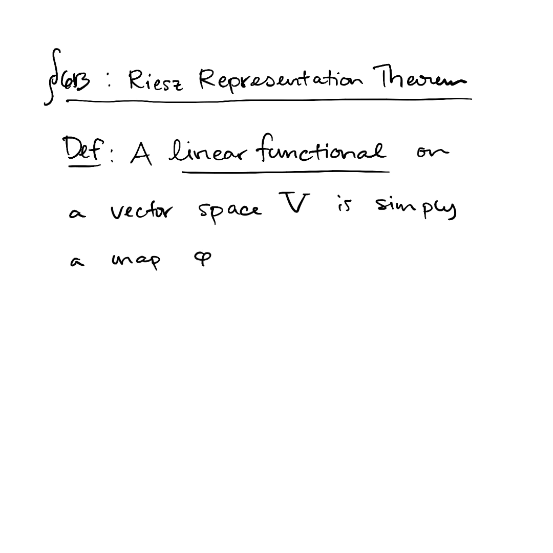Phi is the traditional letter, belonging to the space of linear mappings from V into the scalars. So when you have a linear mapping that spits out actual scalars rather than vectors, you call it a linear functional.